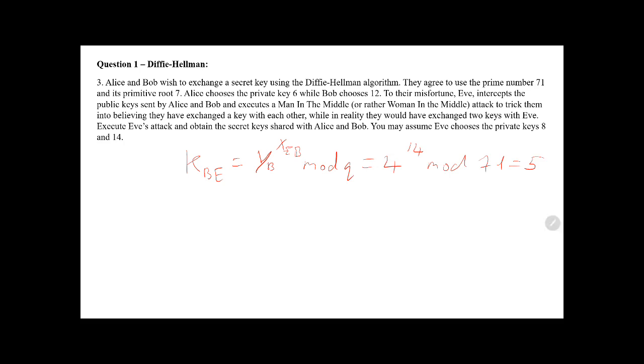That's it for this question. Now that we have a shared key between Alice and Eve, and Bob and Eve, technically Eve can easily communicate with both, making them both believe that they are directly communicating with each other.